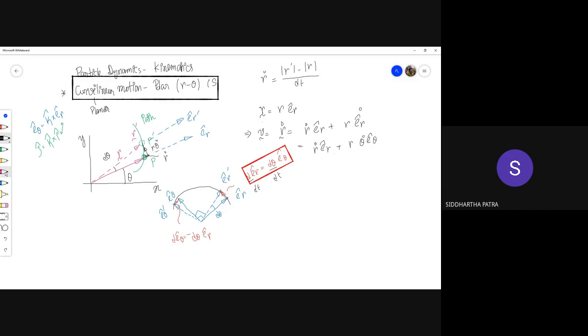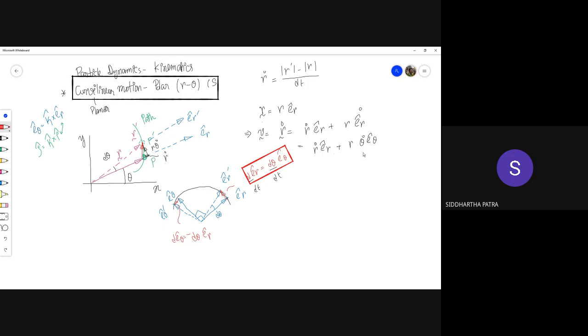Together, they provide you a velocity vector, which is, as you know, tangential to the path. This much is associated with the change in the angle. The first part, r dot, is associated with the change in the length of the position vector, and the second part is associated with the change in the orientation. These are the two components of the velocity.